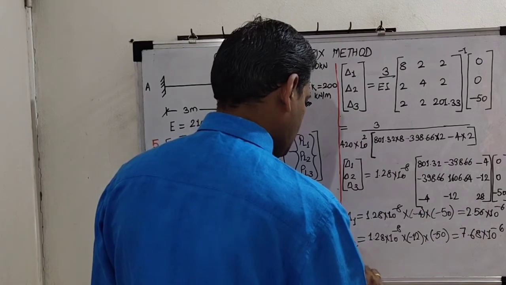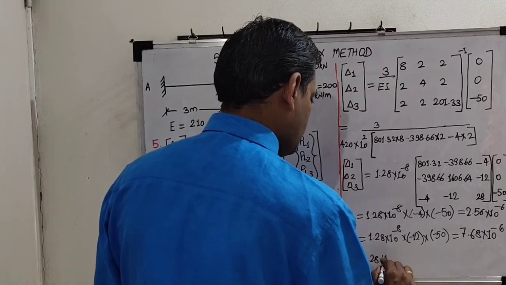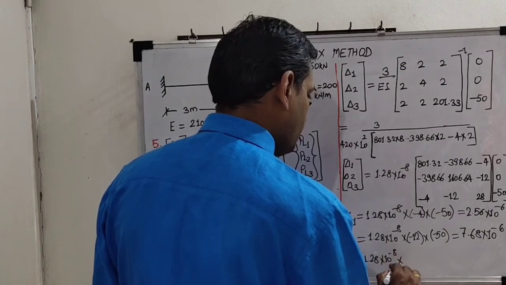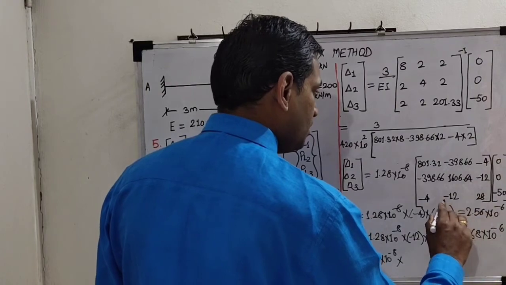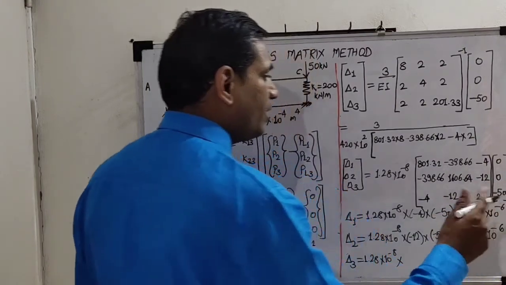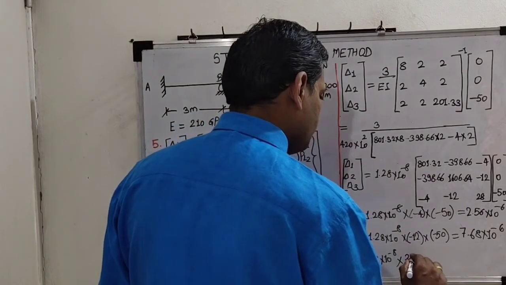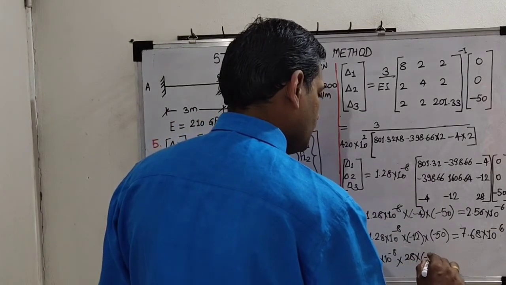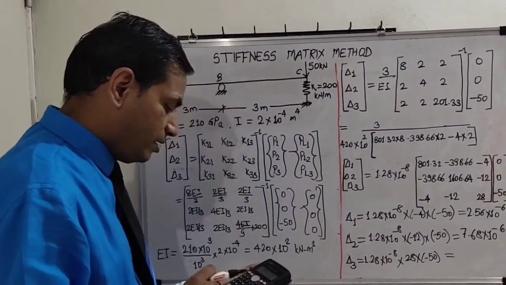Now delta C, which is delta 3, 1.28 into 10 raised to minus 8 multiplied by, now come to the third row, minus 4 into 0, need not be considered, minus 12 into 0, again 0. So remaining is 28 into minus 50. So this answer will be minus.